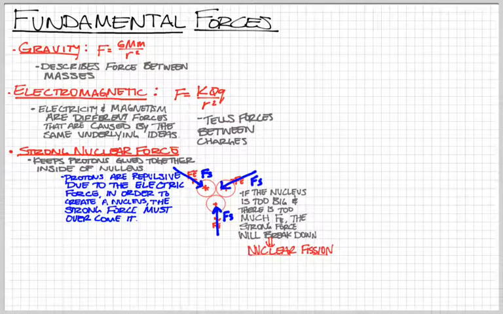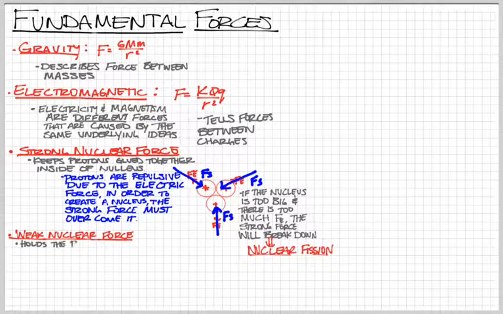And now we have our last fundamental force. This one's called the weak nuclear force. All right, the weak nuclear force holds the little pieces that make up a proton.